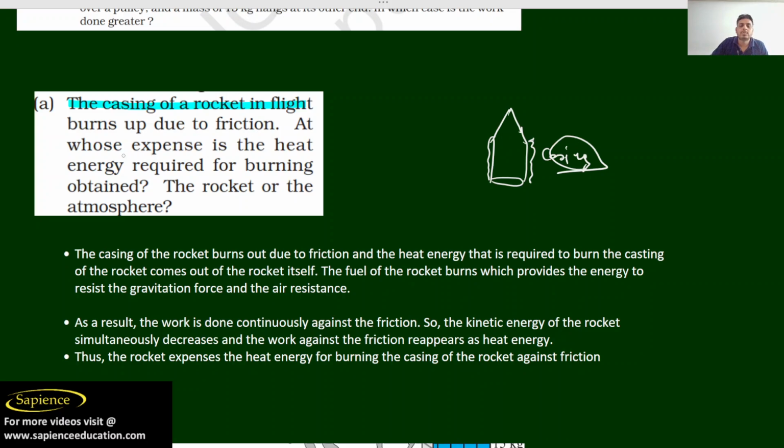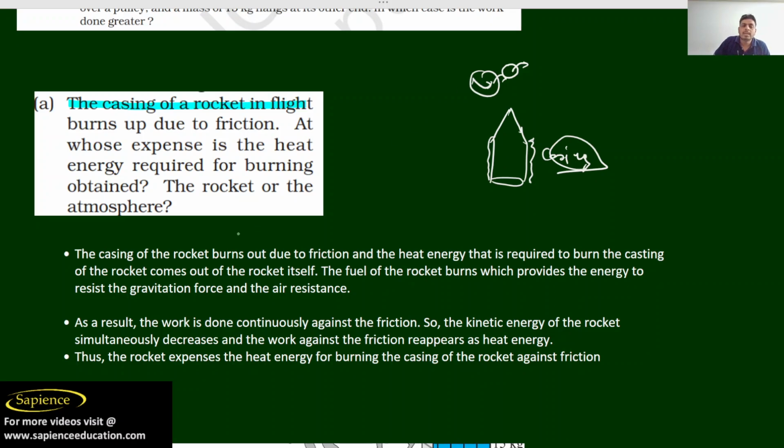At whose expense is the heat energy for burning obtained? As per the conservation of energy, energy can neither be created nor destroyed. So if something is burning and giving energy, some energy has been spent to burn it.